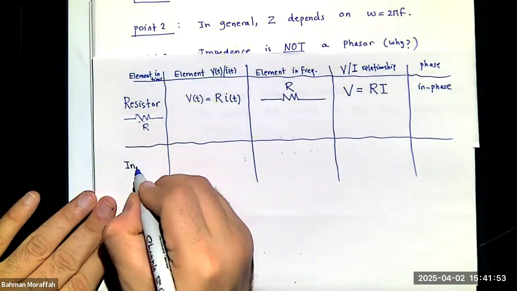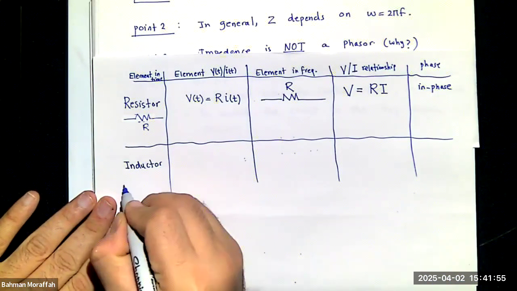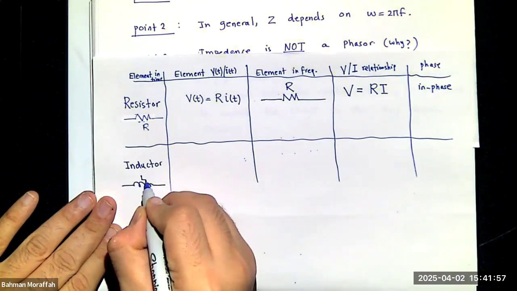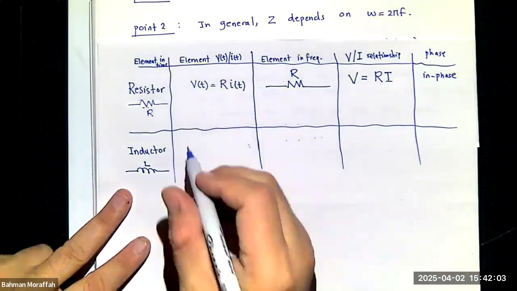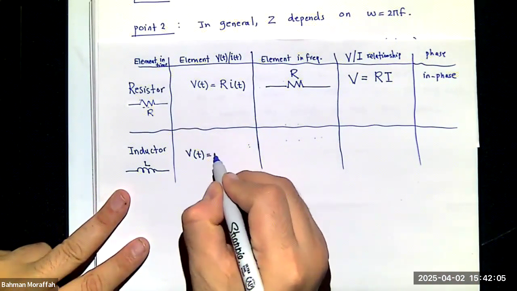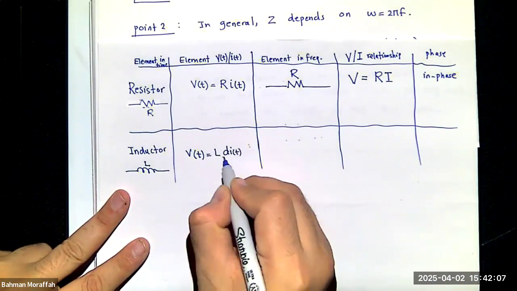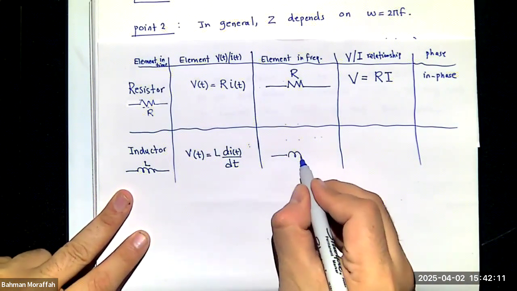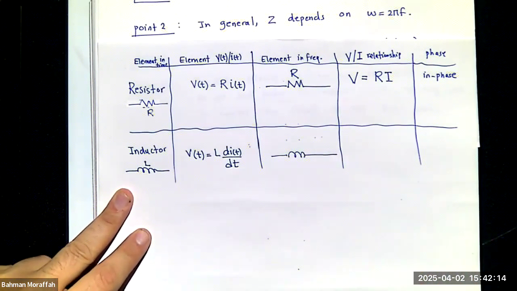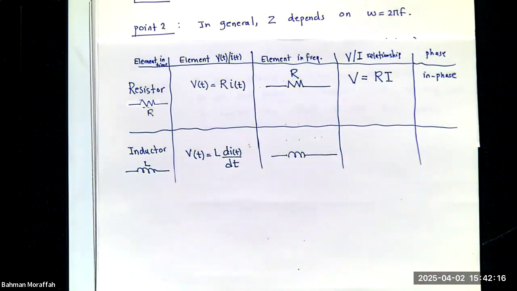If I have an inductor with value L, I know v(t) is L di/dt, but I can convert this to a frequency domain version of it.